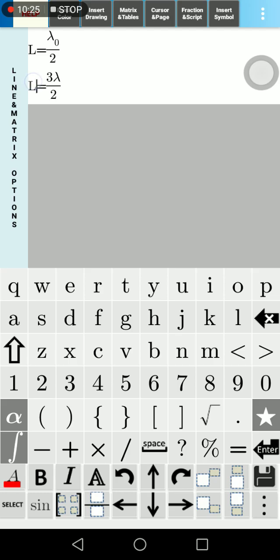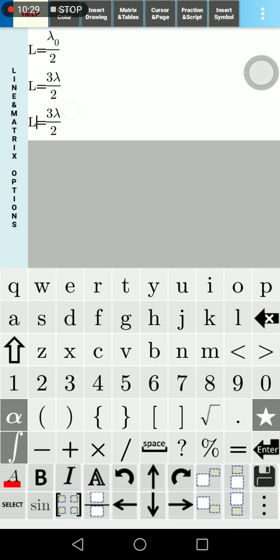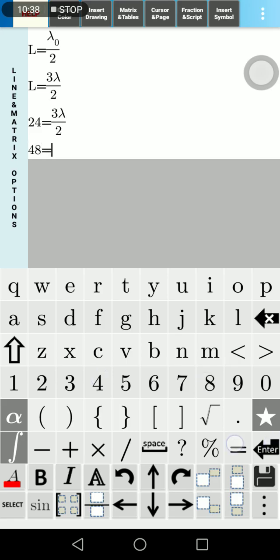They gave us the length of the string as 24. So 24 equals 3 over 2 times the wavelength. You must cross multiply: 24 times 2 is 48, equal to 3 times the wavelength. Then you divide both sides by 3, so your wavelength in this case is going to be 12. That's what your wavelength will be, 12.